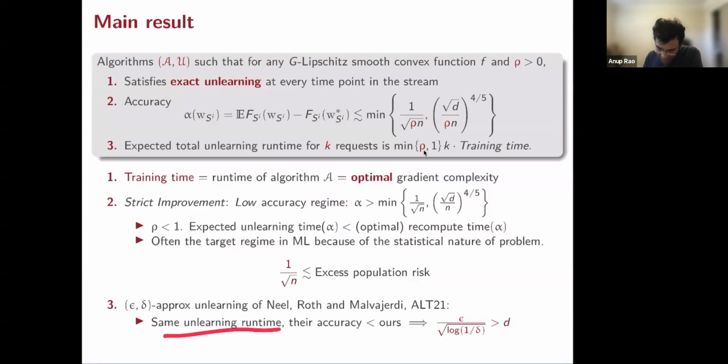We fix the unlearning runtime for their algorithm and ours, and then what happens is, their accuracy is better than ours only for kind of meaningless epsilon delta, very bad epsilon delta parameters. I won't go much into detail. We can revisit if this is not clear.